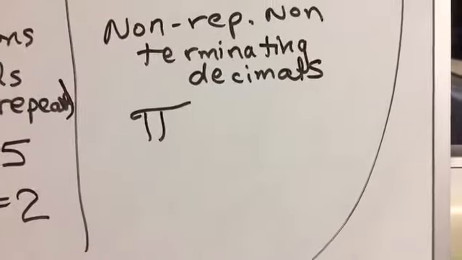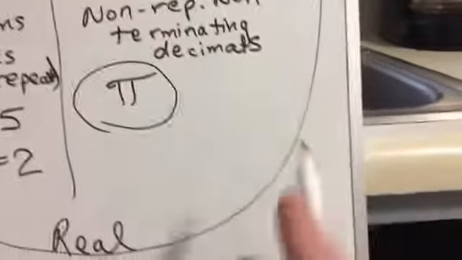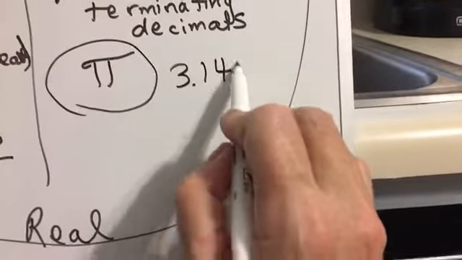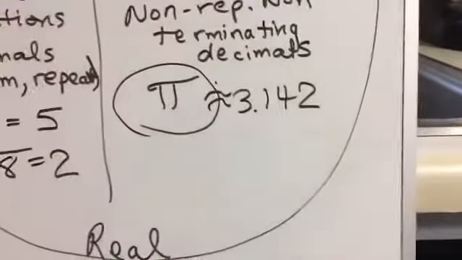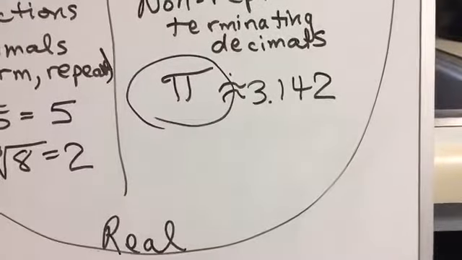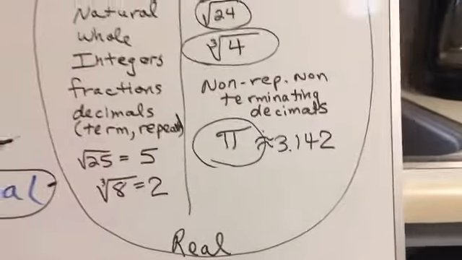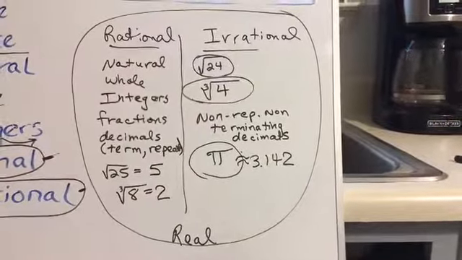And we have some special numbers, like pi, that we always approximate 3.14 or 3.142. This is an approximation. Pi is a decimal that never stops and never repeats. Notice that both groups combined make up the real numbers.